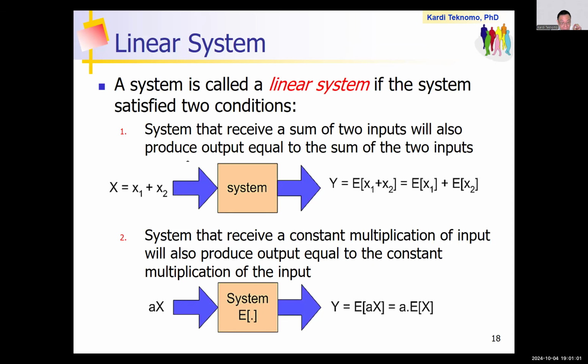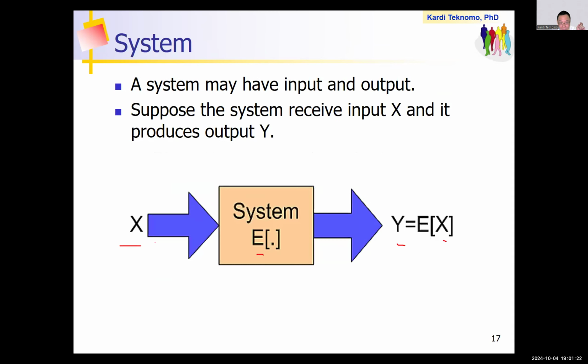Number one, a system that receives the sum of two inputs, x1 and x2, will produce an output equal to the sum. Remember E a while ago: if you have x and the system is E, then the output is E of x.